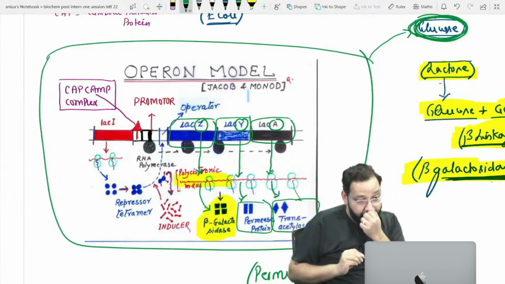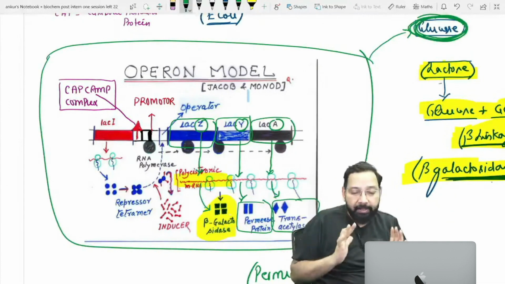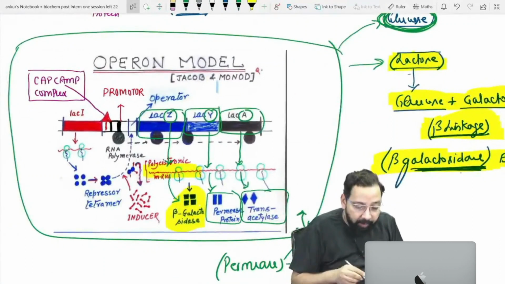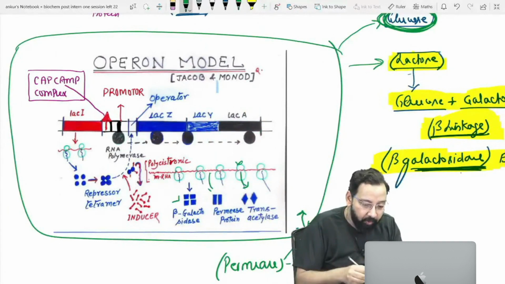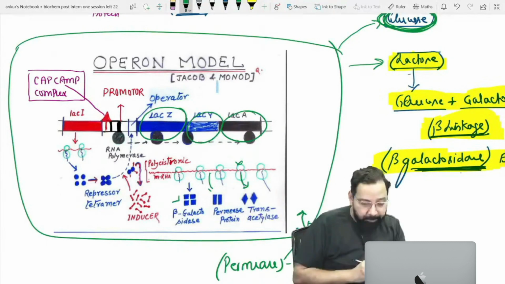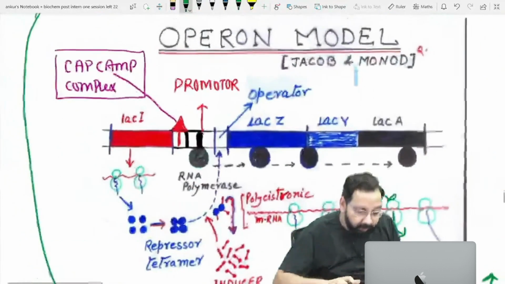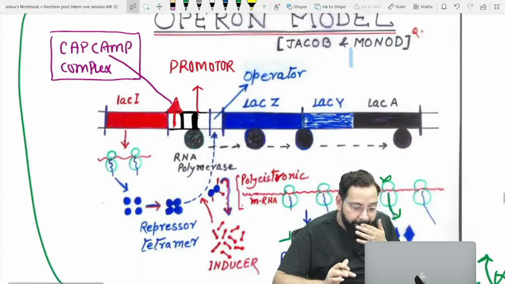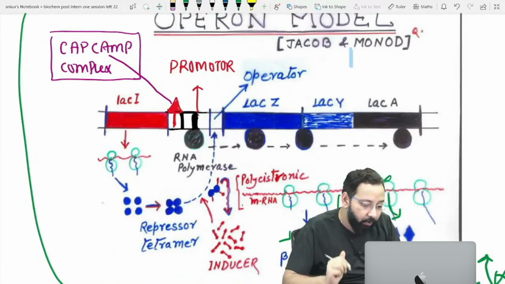When there is a sufficient amount of glucose, E. coli doesn't want to utilize lactose. To utilize lactose, E. coli must have these three enzymes, but when there is sufficient glucose, these genes must be kept in an inhibited state. We found that near these genes there is an operator region.